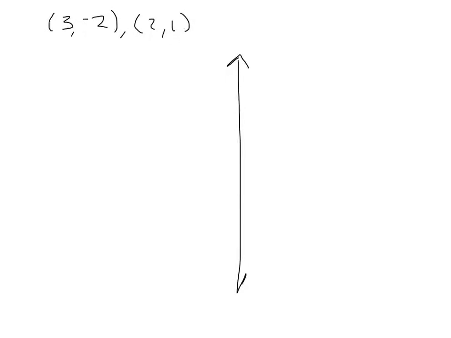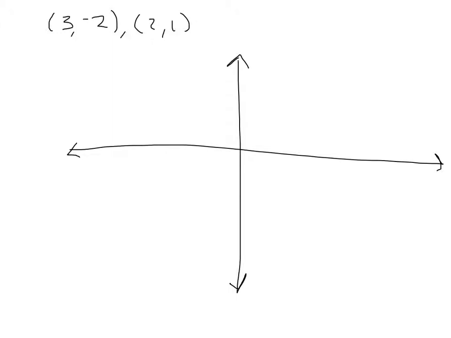Alright, so let me copy those 2 points down again. We're starting with 3, -2, and 2, 1. And this problem wants you to graph those 2 points, and after that, to come up with 2 more points.